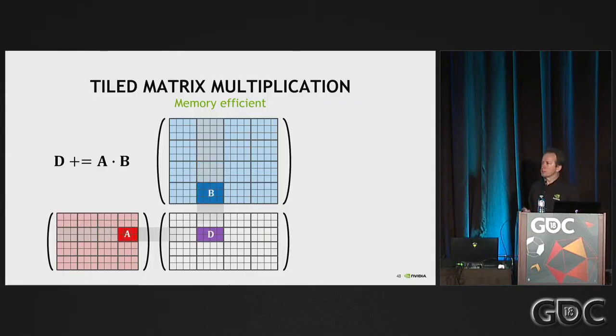Again, the specific details of what the tile sizes are and how exactly the algorithm iterates over the matrix space are highly implementation specific. They will depend on things like what the cache size of a particular machine is, what the scheduling details are, et cetera.